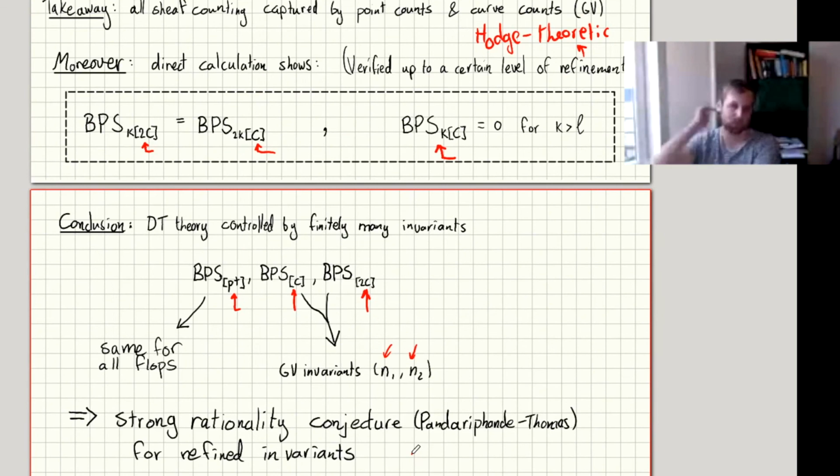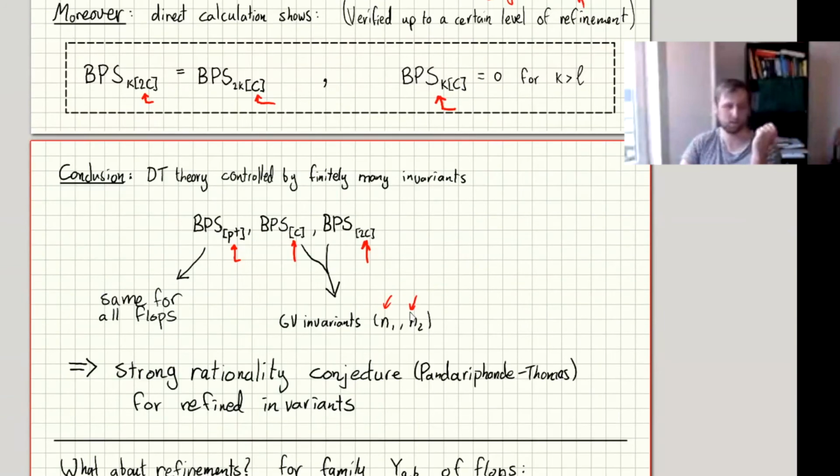All right, so it's kind of a negative answer to the aim of extending our knowledge by calculating more invariants, because it turns out there aren't really that many more invariants, up to equivalence.